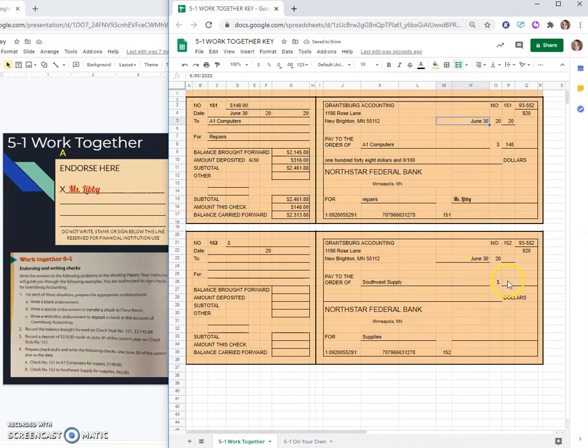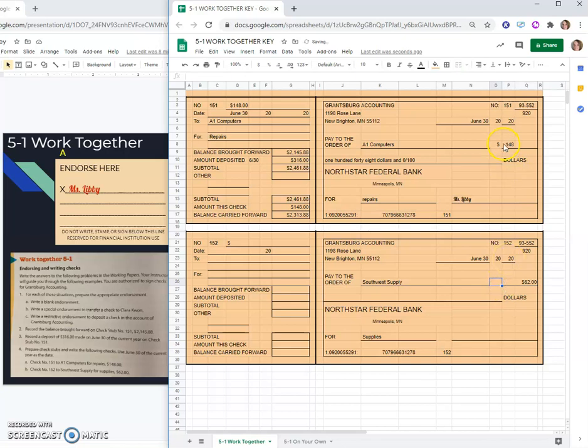Okay. And this one was 2020 as well. And the amount was $62. And we'll just put, yeah, we'll do that.